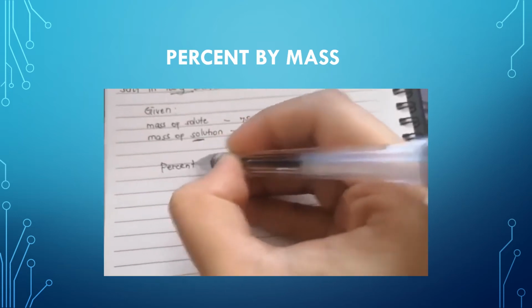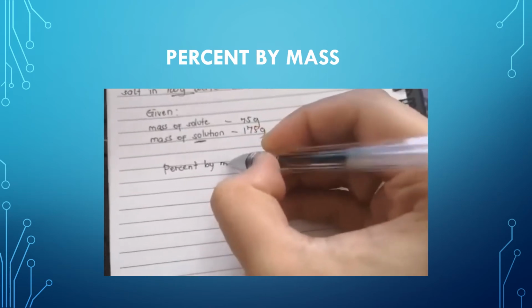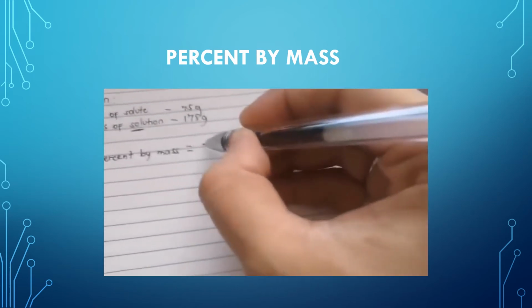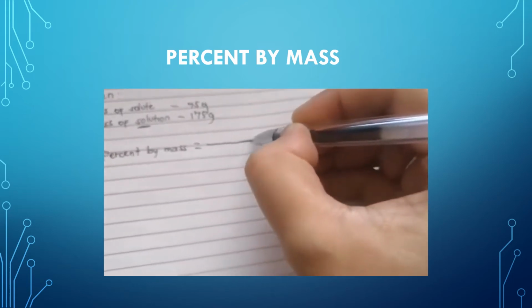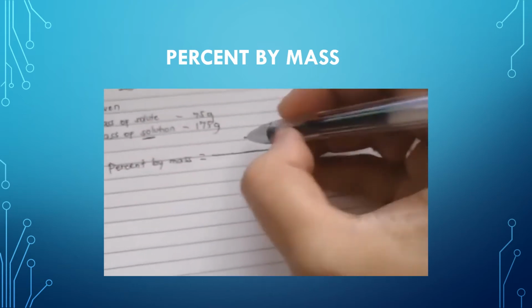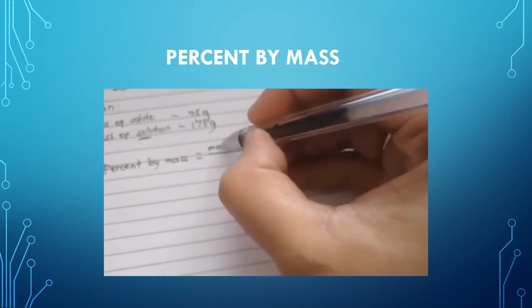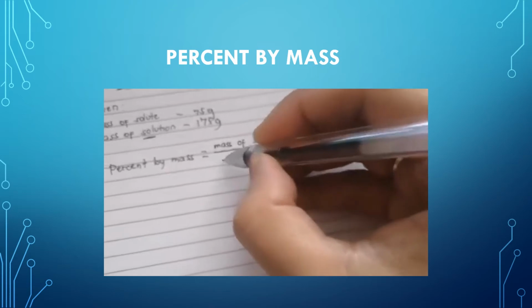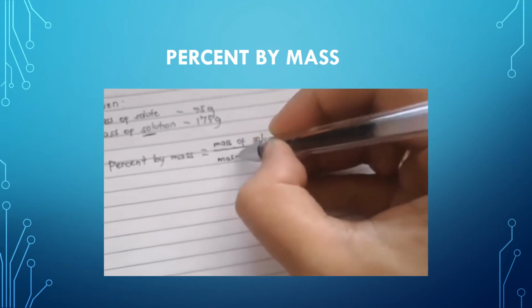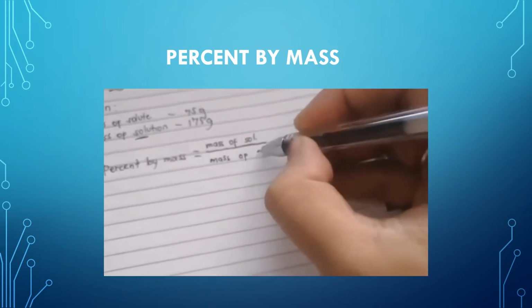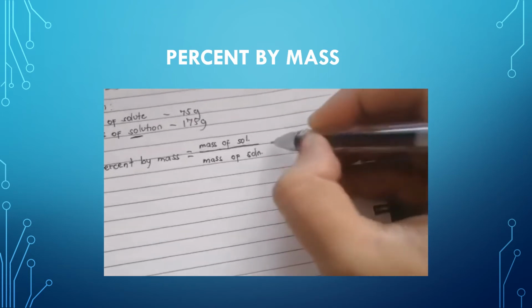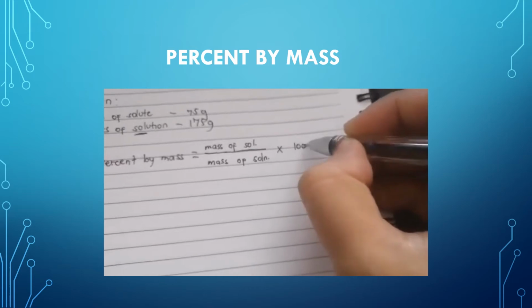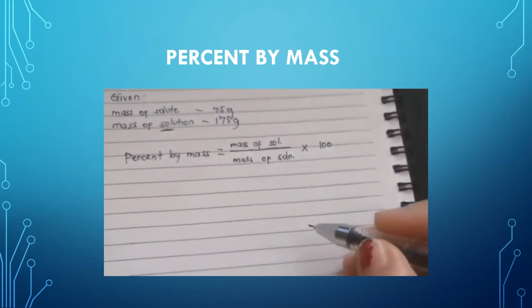Percent by mass is equal to mass of solute over mass of solution times 100 or 100%.